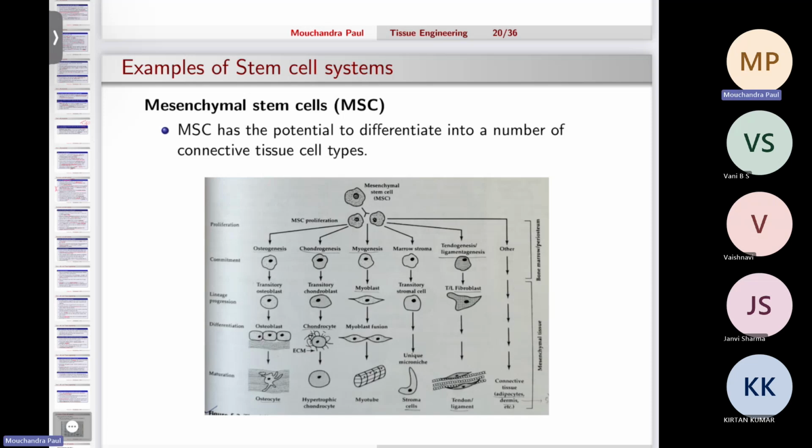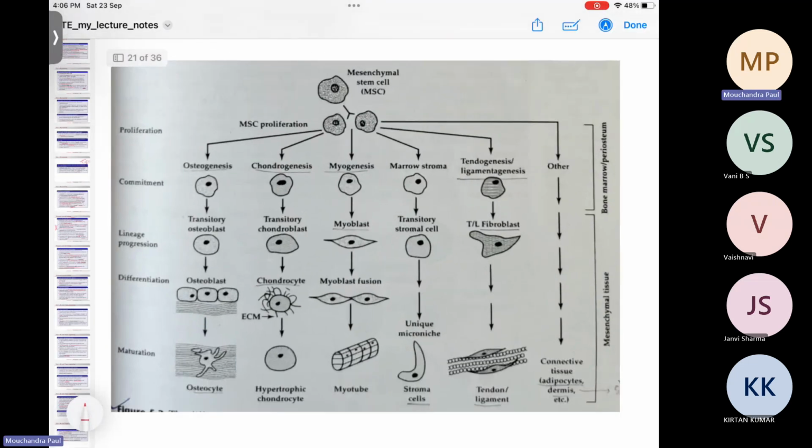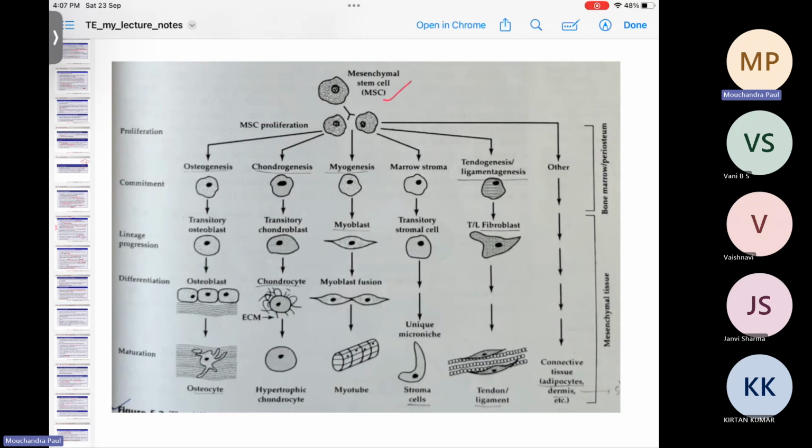So in this figure, it is shown how a mesenchymal stem cell first proliferates, means a large number of mesenchymal clones are there, and then each of these clones can commit to become a bone cell, osteocyte, or a chondrocyte, or a myotube, or stroma cells, tendon or ligament, fibroblast, or adipocytes, or dermis, etc. So formation of cells from these lineages is possible from mesenchymal stem cells, given you are providing the particular type of conditions that lead to this commitment.